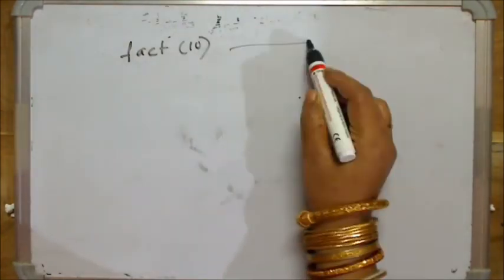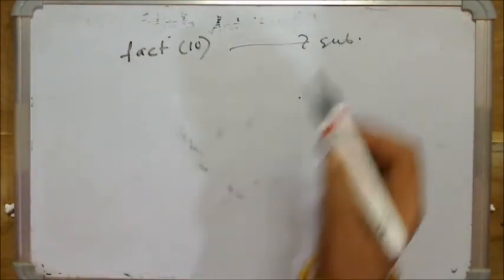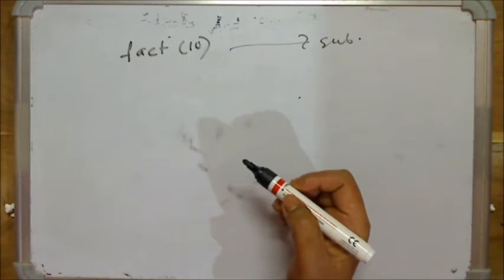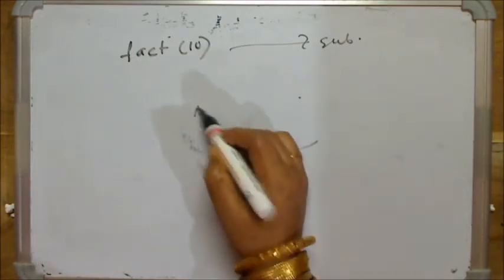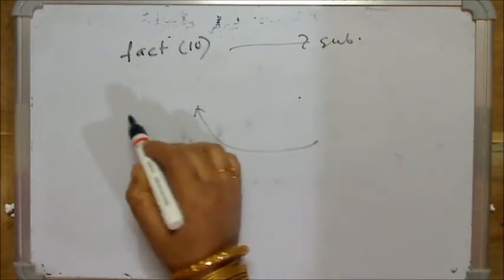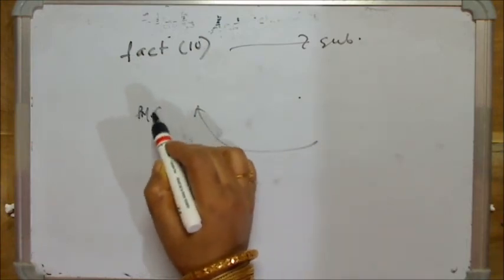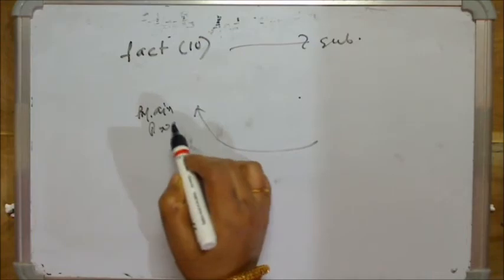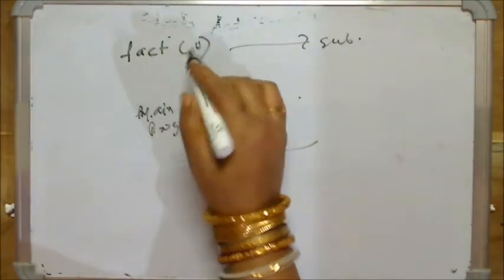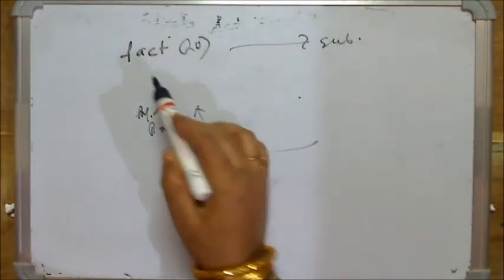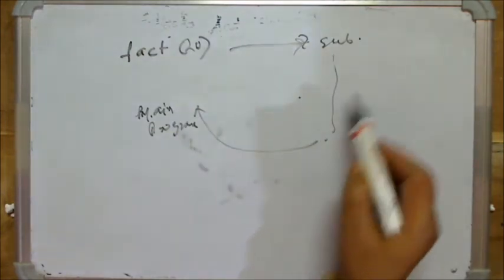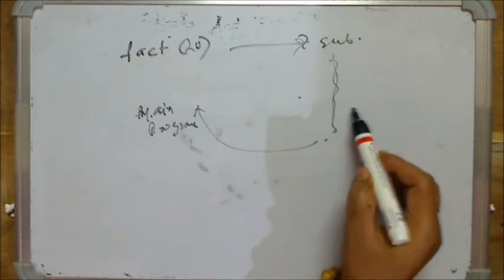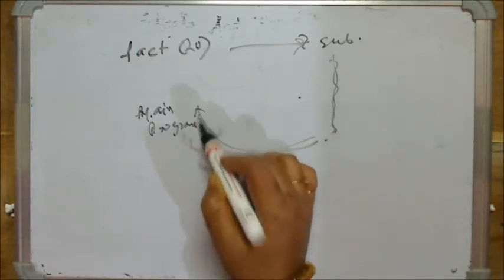That 10 will go to the subroutine, and the subroutine will find the factorial of 10 and come back to the main program. Understood? Similarly, if you want to find the factorial of 20, you write fact 20. It will go to the subroutine, execute it, find the factorial, and come back to the main program. Understood?